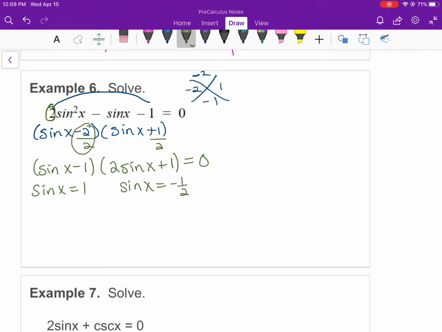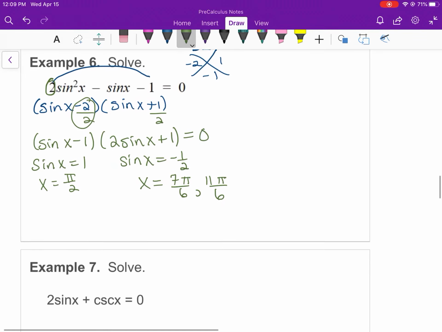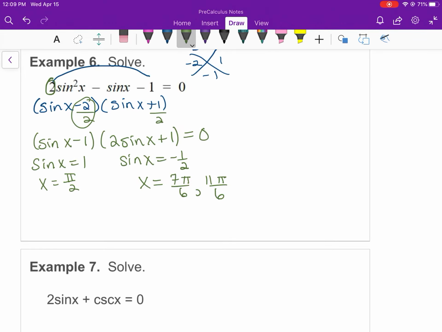All right. So the initial parts of these are the same as what you've done before. You would say here that x is pi over 2, and here sine is -1/2 in our third and fourth quadrants. But this is where it's a little bit different. What you need to consider is that pi over 2 sits right here on your unit circle. Pi over 2 has a sine of 1.